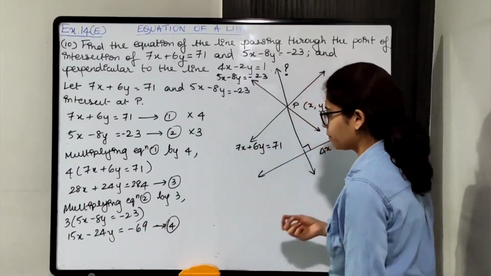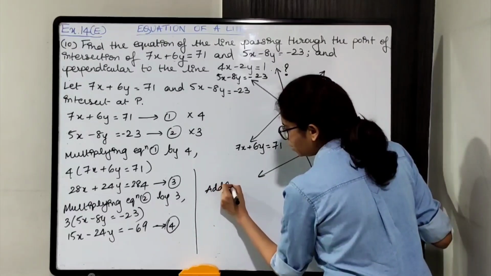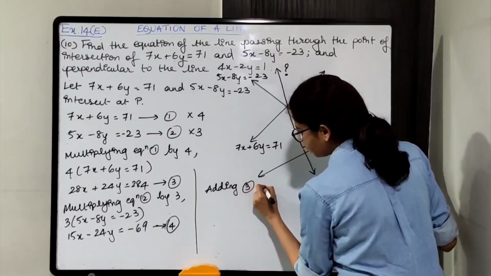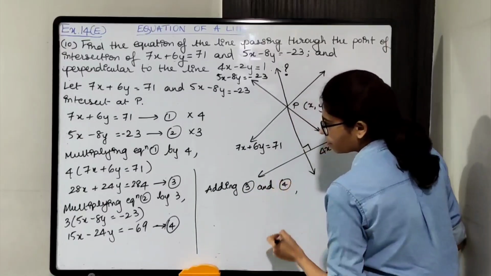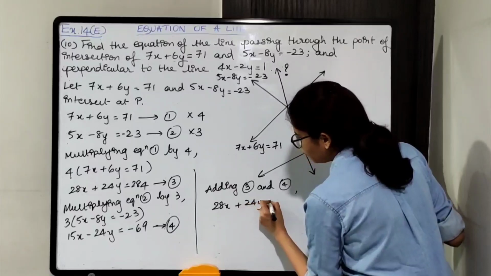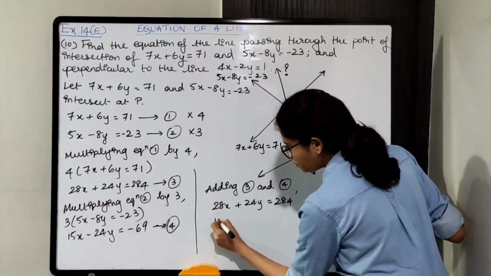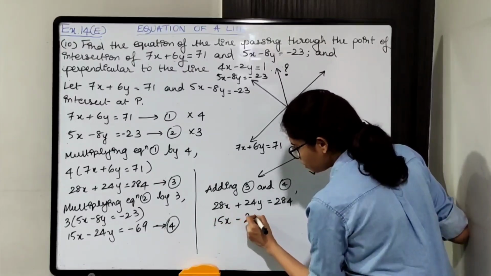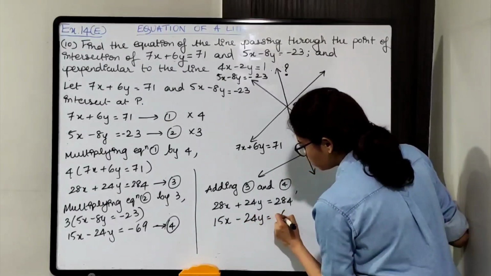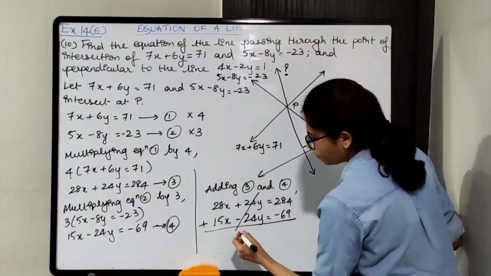So adding 3 and 4: 28x plus 24y equals to 284, and 15x minus 24y equals to minus 69. This will get cancelled.